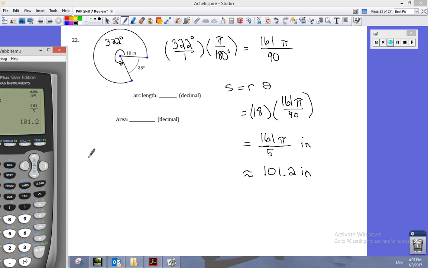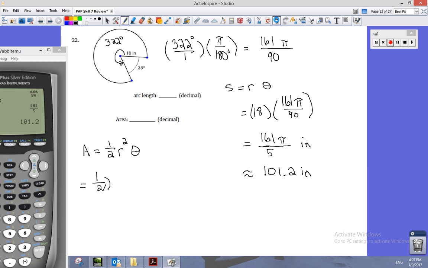Now the area, since I've converted my angle measure to radian measure, is 1/2 times r squared times that angle in radian measure. So I've got 1/2.